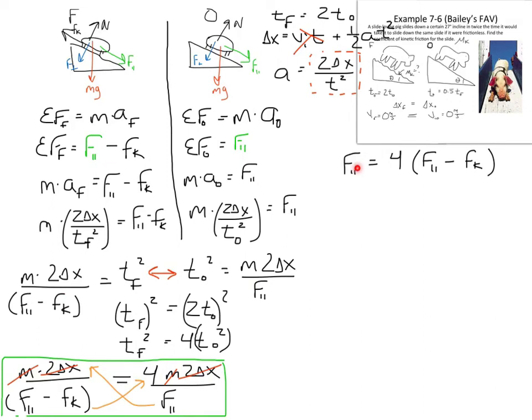Well, it is mg times the sine of theta, equals 4 times mg sine theta minus, how do we take our kinetic friction force and open that up? What's our definition of that? Well, that is mu k, that's what we're solving for, times the normal force, right?